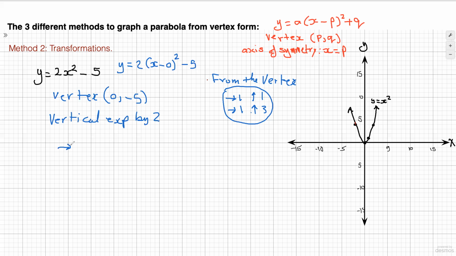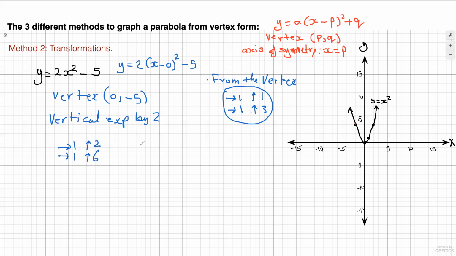The out 1 stays the same, but now the up 1, you have to multiply that by 2. So it becomes up 2 instead of up 1. And then out 1, you know how here is up 3. Now you multiply that by the 2 right here and it becomes up 6.